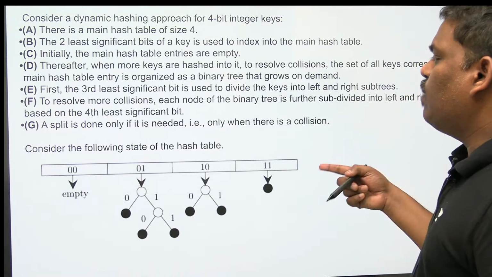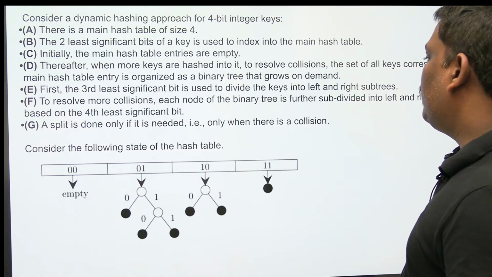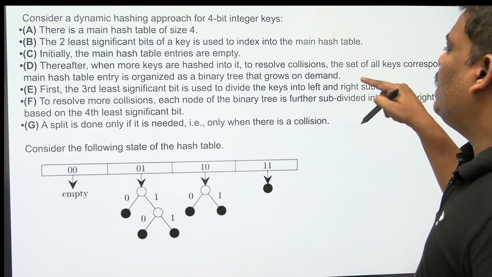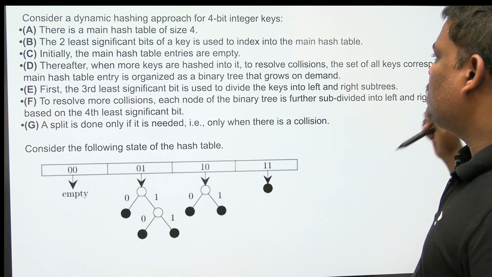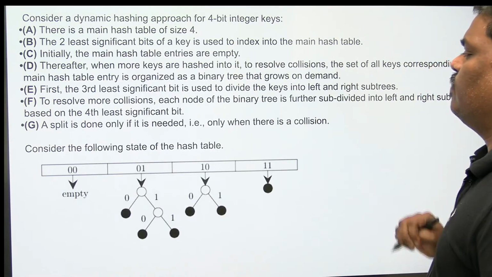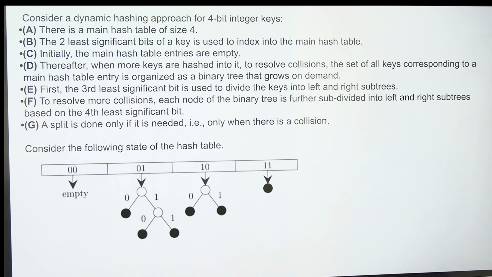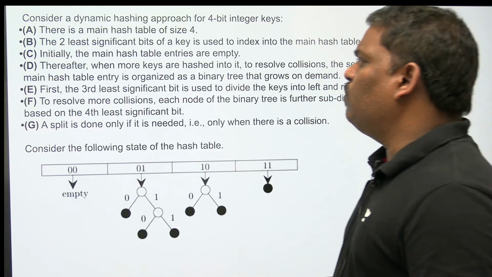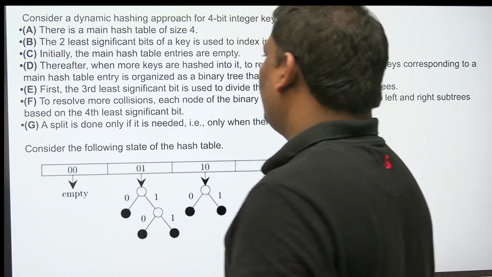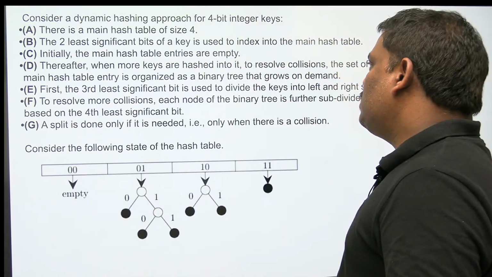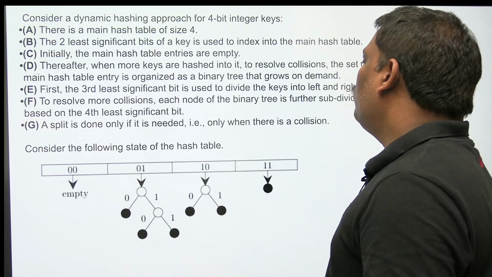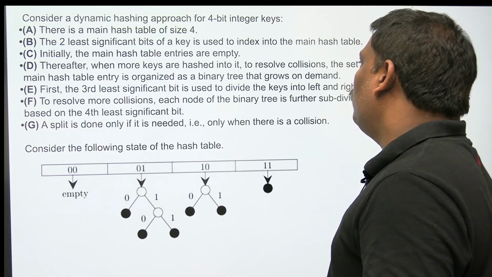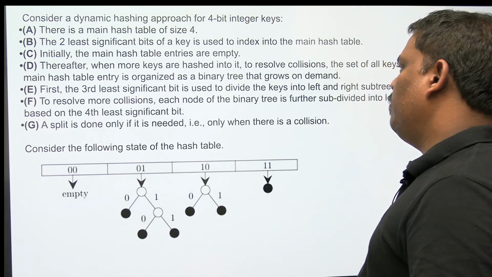Next one, in this table I am inserting some elements where every element is a 4-bit integer. 4 bits, right? It is a 4-bit number. If you convert it into an integer, you can convert, right? If you convert that number into binary format, 4 bits will be there.